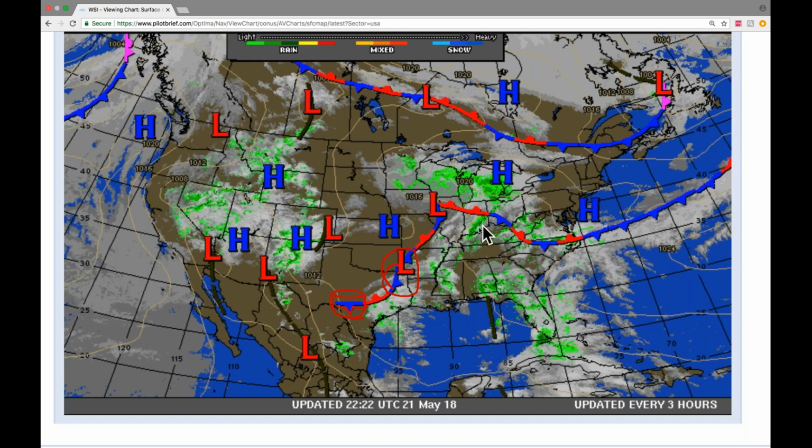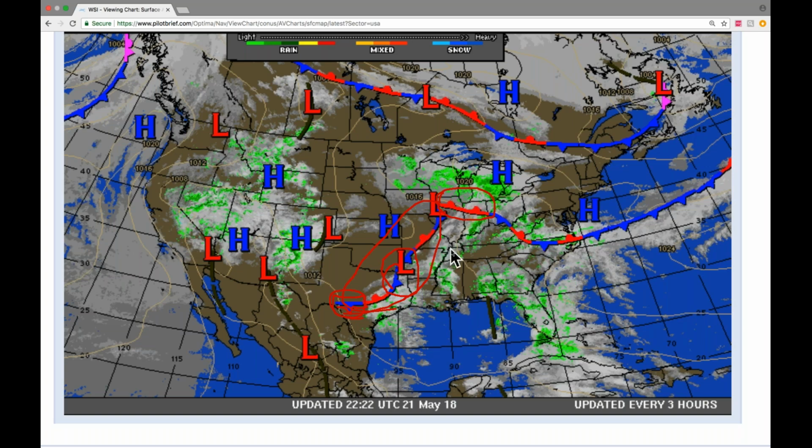And then they're also colored blue, right? And these are suns, right? So sun's coming up over the horizon. These are warm fronts. When we have a mixture of the two fronts, that's called a stationary front.